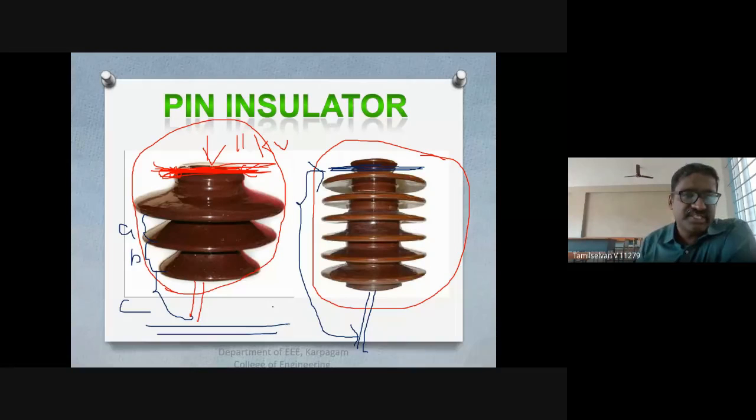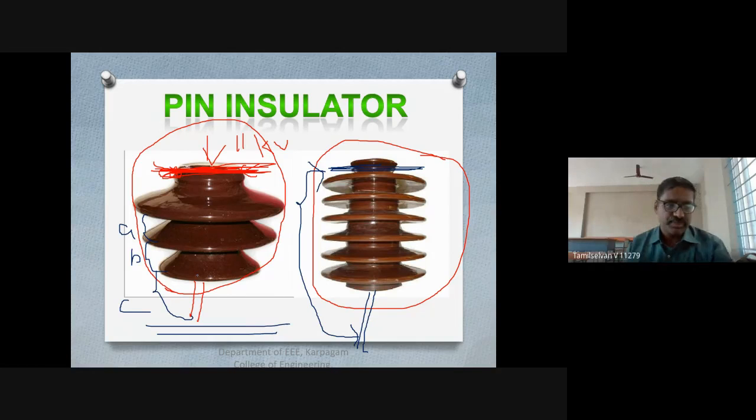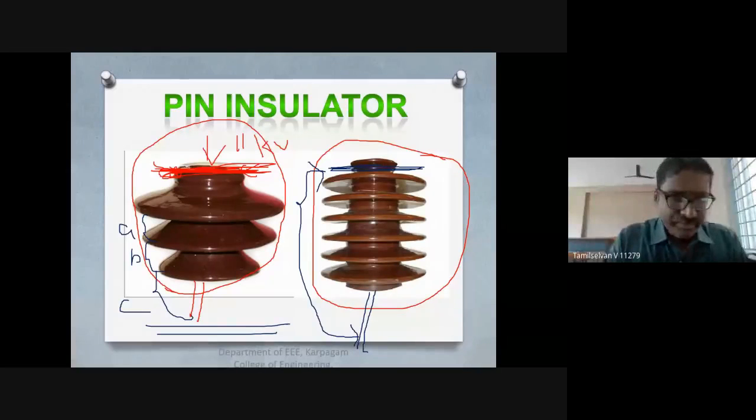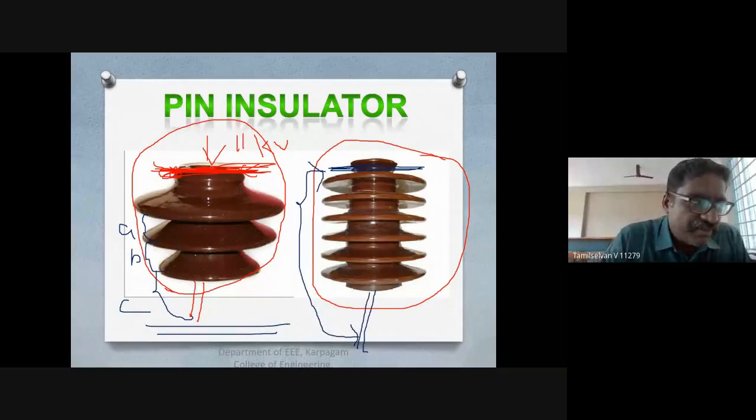The discharge jumps across the air gap and flows through the shortest distance; that is flashover. Flashover is the arc which occurs between your line conductor and the insulator pin, that is, the earth. That is called flashover.